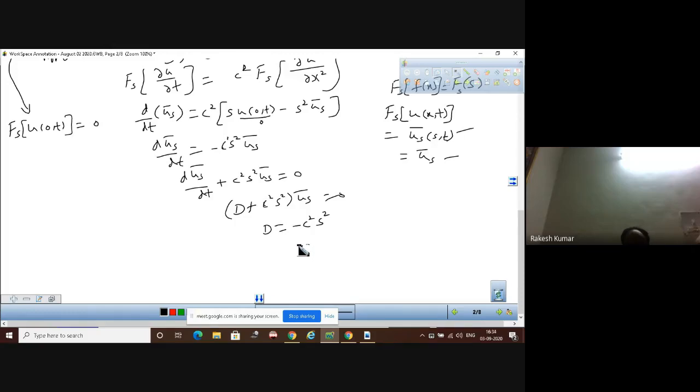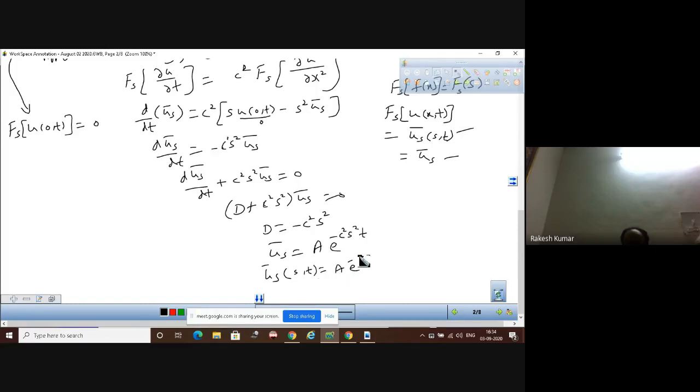So automatically we are able to find out the value of the function. D plus c square s square is equal to zero, so the solution has a constant A, that is A e raised to power minus c square s square t. And clearly, this is u s bar, and u s bar is a function of s and t.